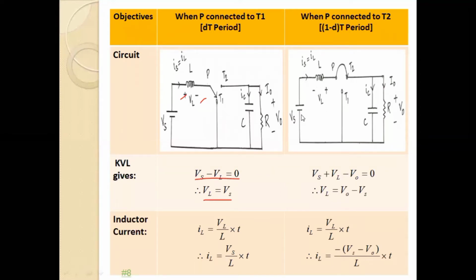So what I can write, current starts flowing from this side only, plus Vs, then we have plus VL. Vs plus VL minus V naught is equal to 0. So VL is equal to V naught minus Vs. What is Vs?